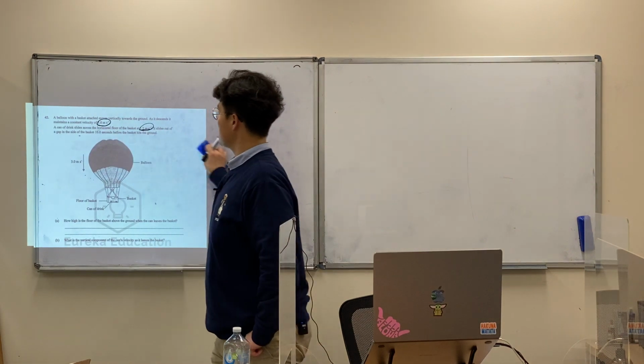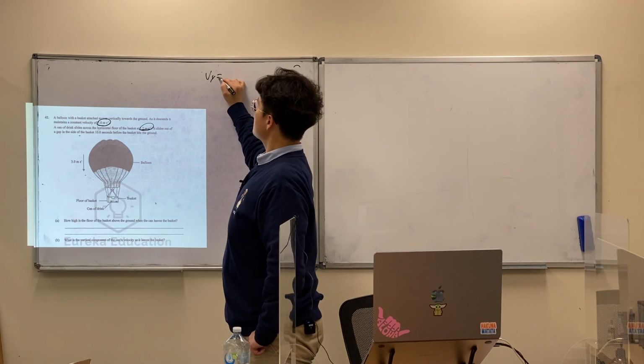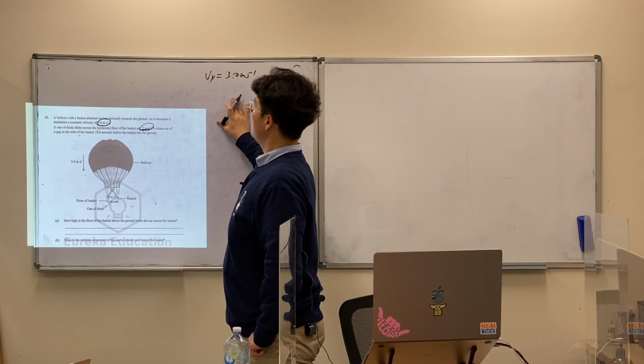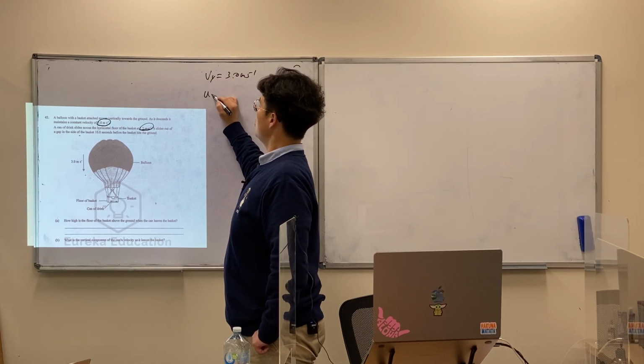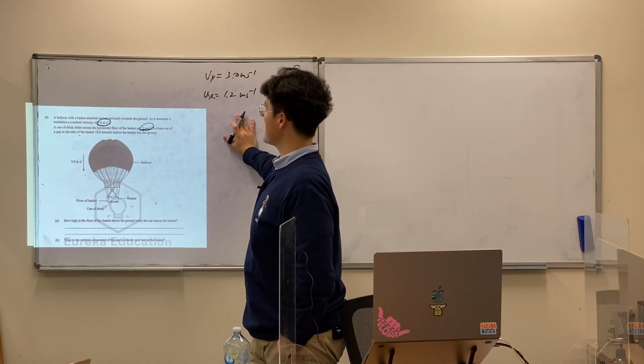So the Vy, the constant velocity of the balloon, is given as 3.0 meters per second, first of all. The can is sliding with Ux constantly at 1.2 meters per second forward.